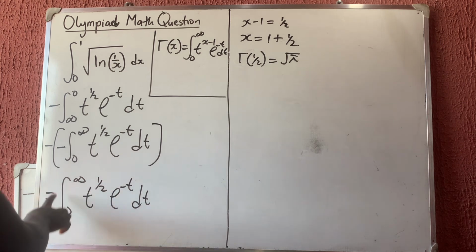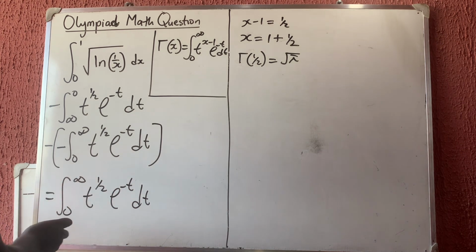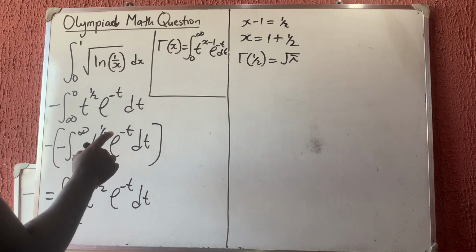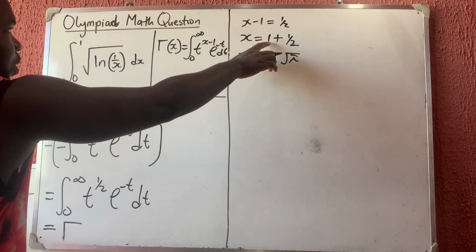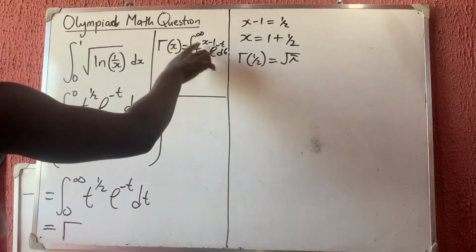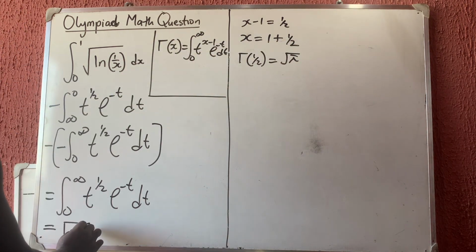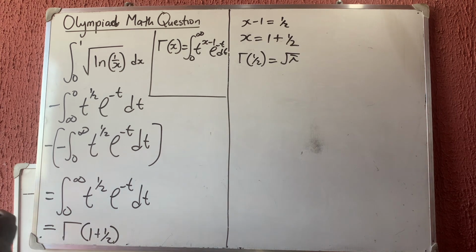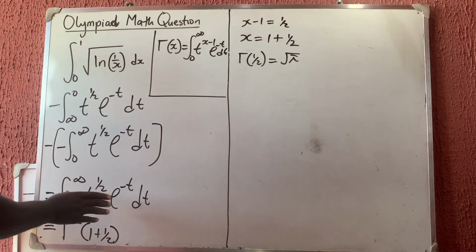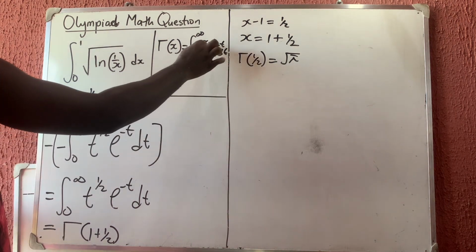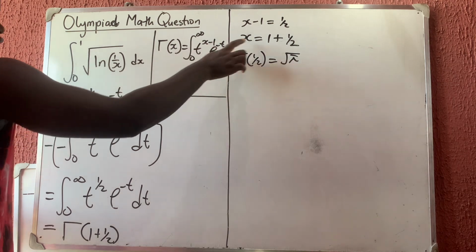So we still have this. This thing could now be written as the gamma function of 1 plus half. I hope you are getting what I'm doing. We compared this to this so that we can get what x is, and we got x to be 1 plus half.